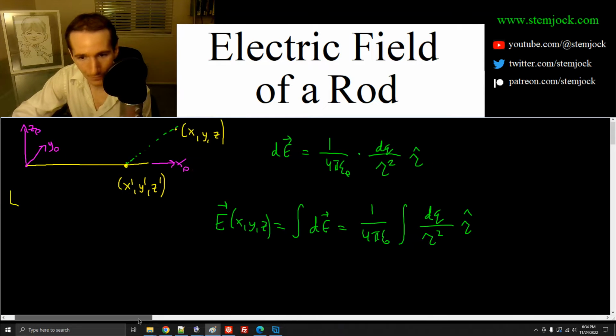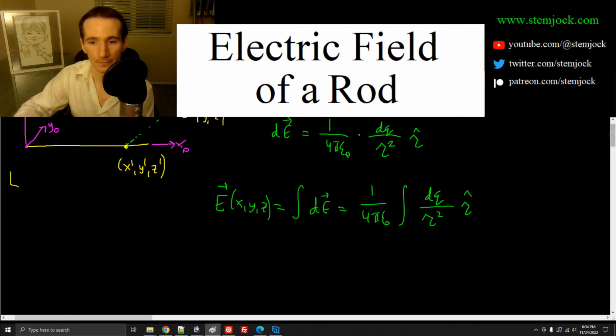And so, using this coordinate system, I can now express dq in terms of a geometrical quantity. So this here is going to be 1 over 4 pi epsilon 0. If I write dq in terms of a geometrical quantity, the bar lies on the x0 axis, so it's going to be lambda.